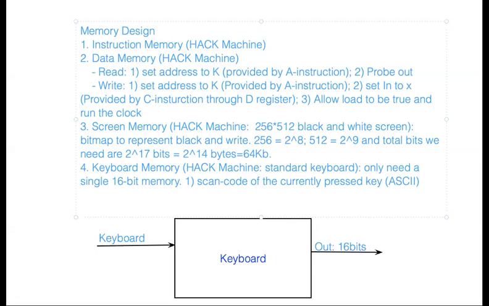As the last question in this class, I will draw the whole picture of our memory. Our memory will have two parts. One is the ROM, 32K. This is everything for instruction.